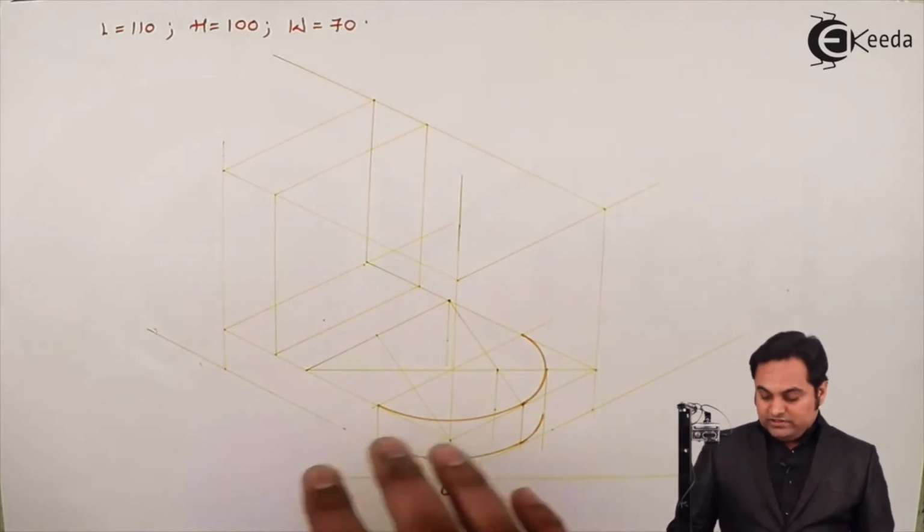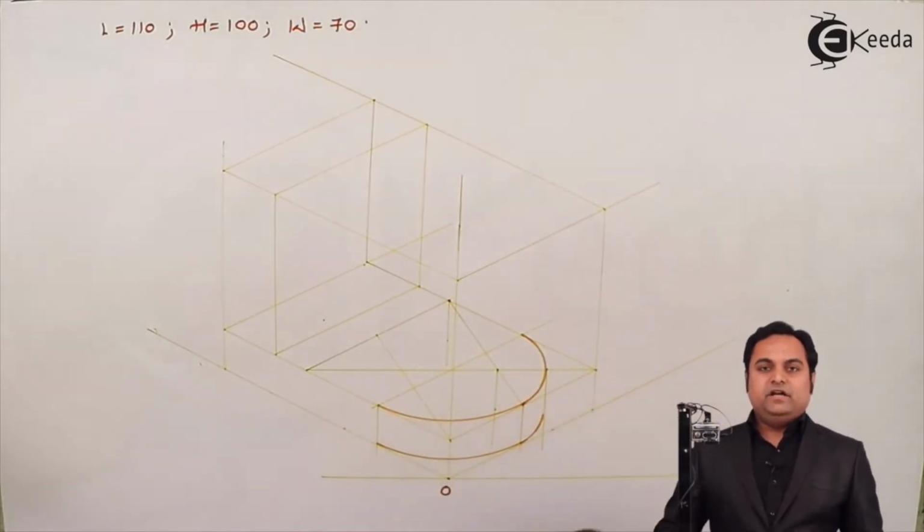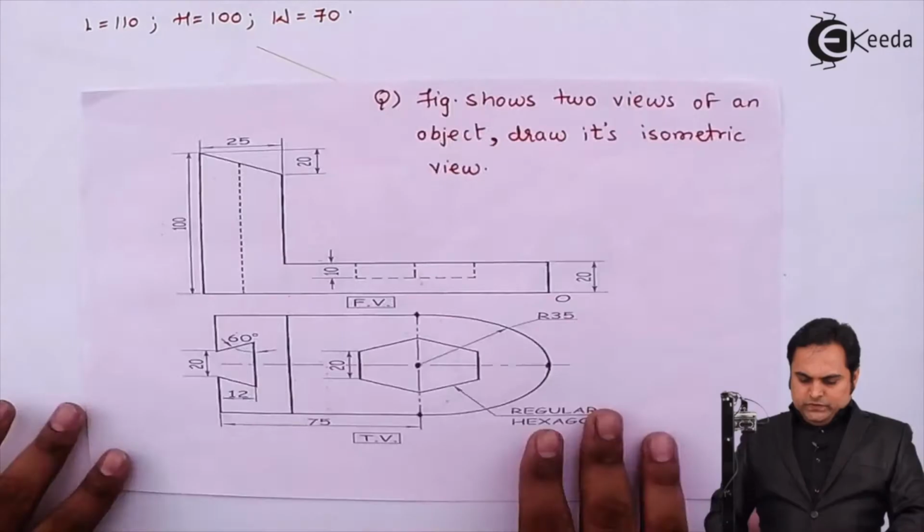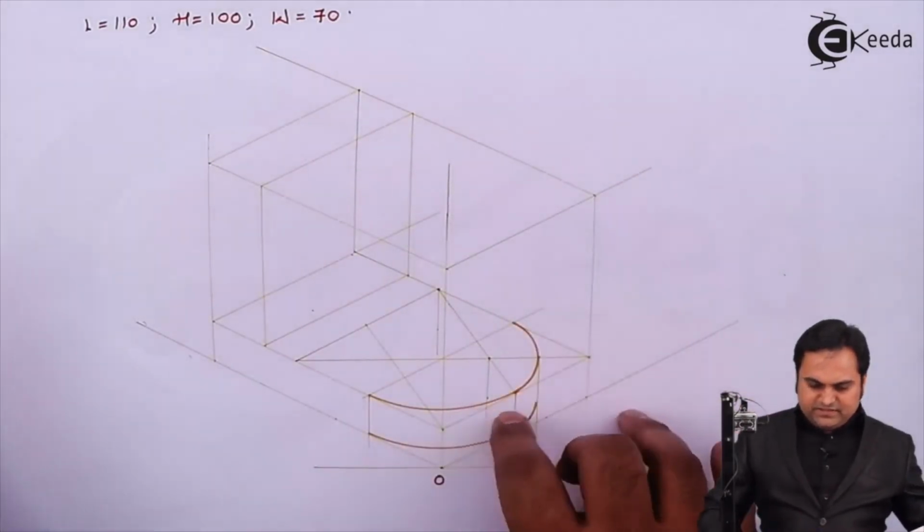Now once I have drawn this semicircle, I can directly make it dark because it is visible. So here I'll make these semicircles dark.